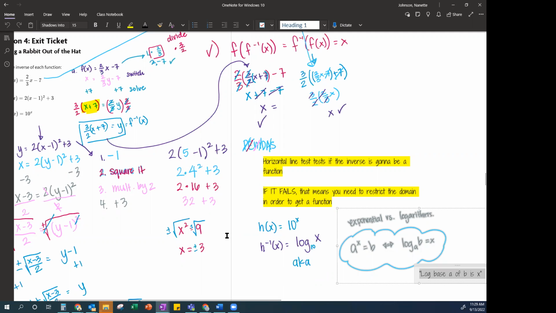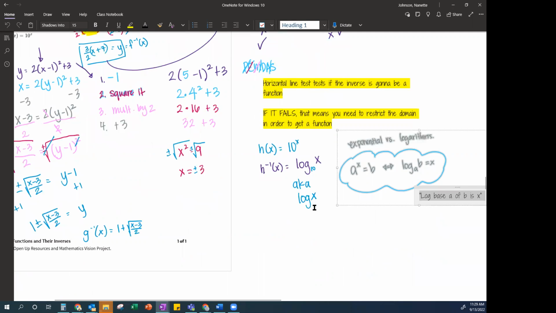Ms. Johnson, did I have to put a 10 there? No, but it only works for base 10. Just like in square root land, when you're looking at square roots, you don't have to put a little 2 there because it's automatically there. So log base 10 is automatically there in log.